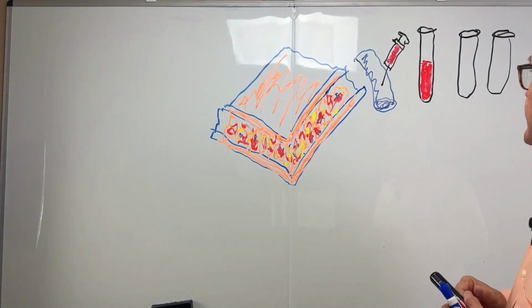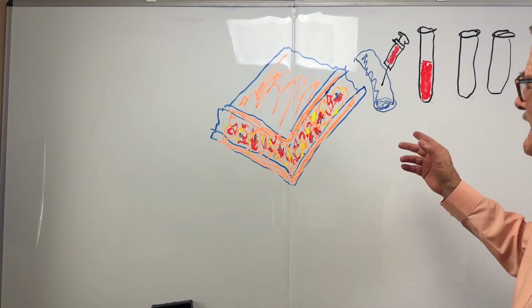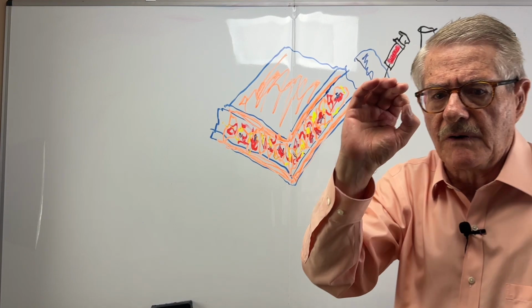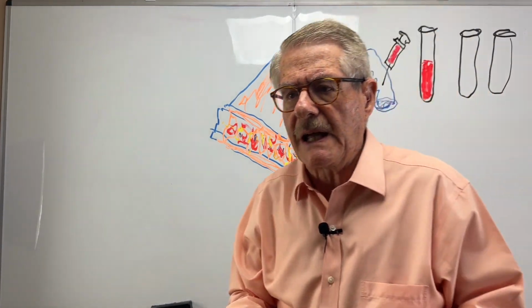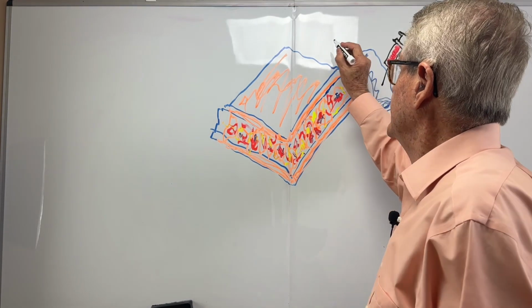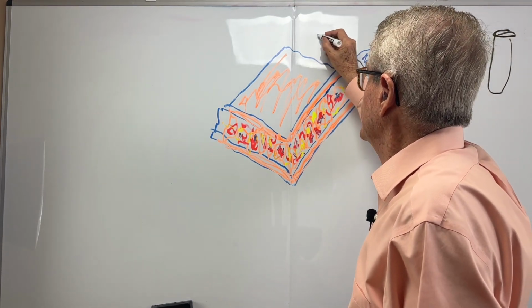Okay, and at this moment, you could get a drop of blood and try to make a peripheral blood smear. And that is done like this.